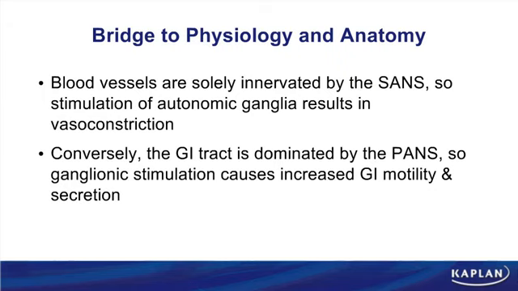If you think about that, it's dual innervation. One of those two systems has to be the dominant system. So answer that question. What system typically dominates organs? Is it sympathetics or parasympathetics? Of course, the answer is parasympathetic. Parasympathetic pathways are the dominant pathways for most organs. In fact, if it's dually innervated, parasympathetics dominate. When is the only time that sympathetic nerves are going to be the dominant pathway?